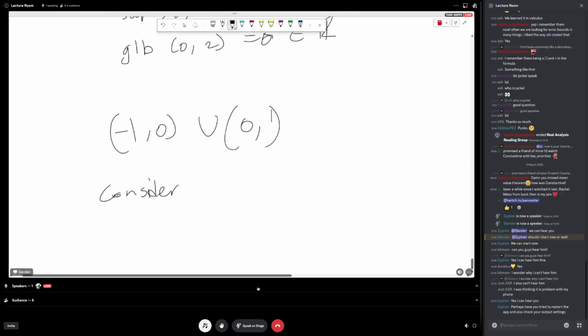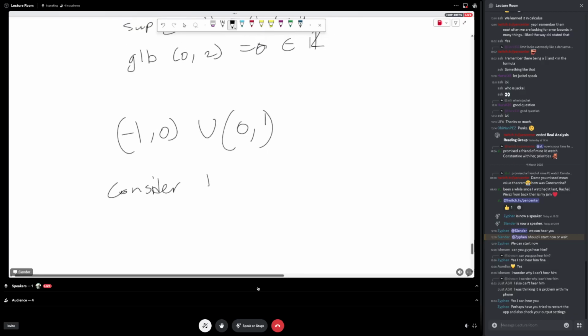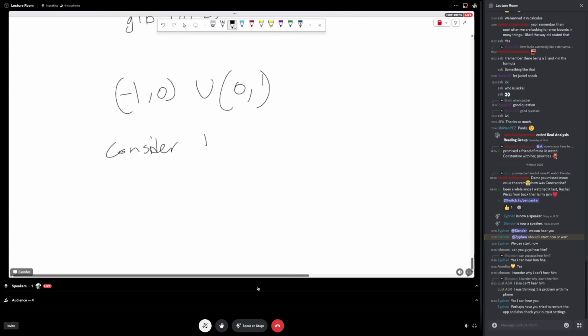Consider 1. If you say it's bounded above by 1, then you'd be wrong, because it does not have this upper bound.